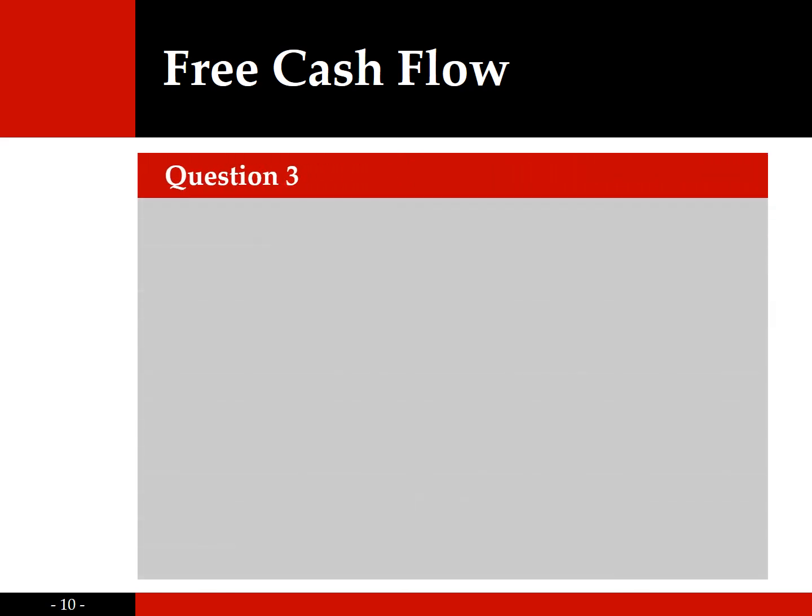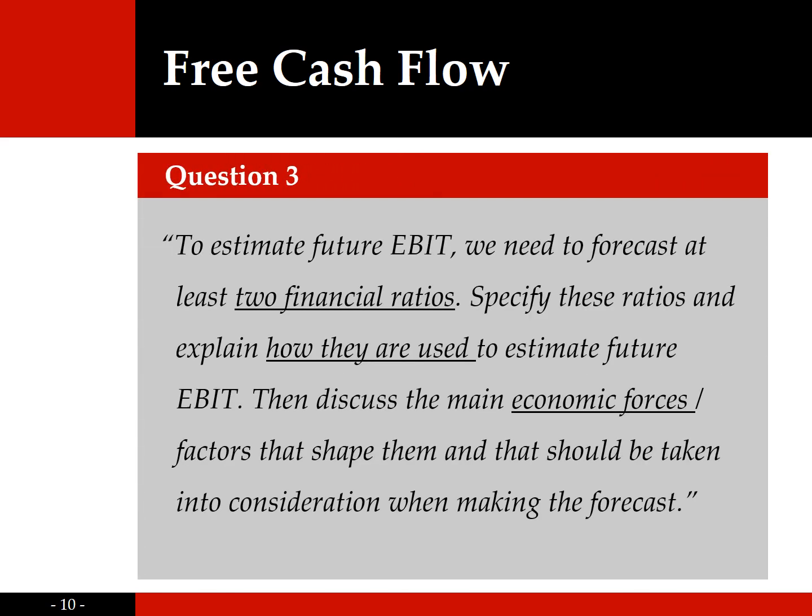And this brings me to the last 2 questions of this week. The questions are related to the first step of forecasting free cash flows, that is to say, to forecasting the earnings before interest and taxes, EBIT. To forecast EBIT, you will need 2 financial ratios. I want you to first specify what these ratios are and how they can be used to estimate future EBIT.